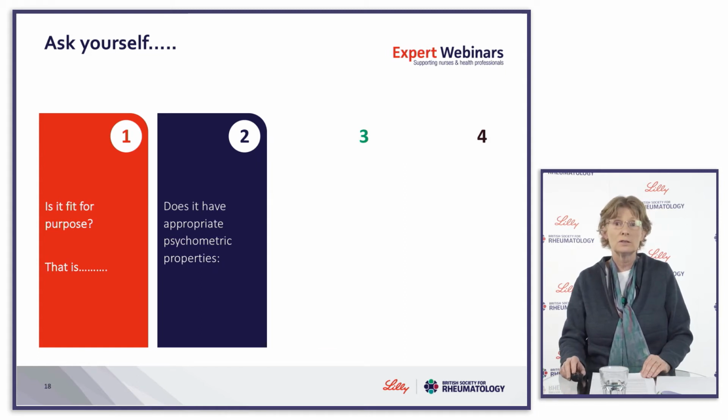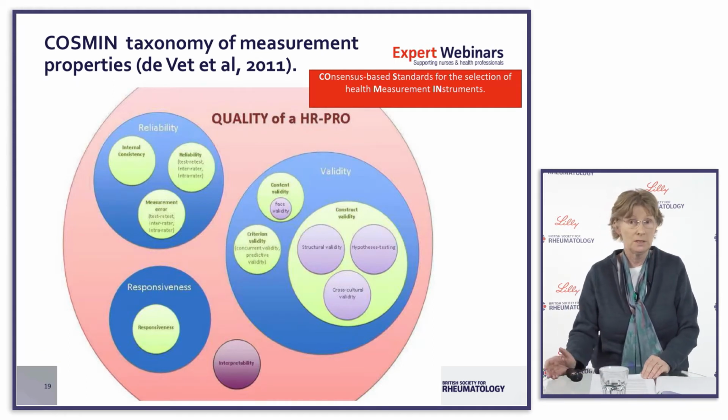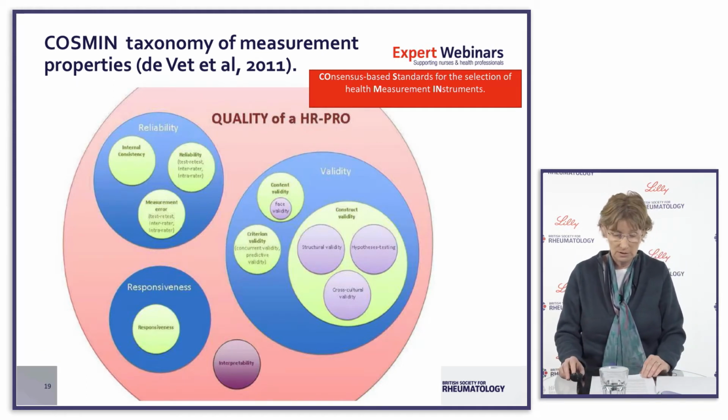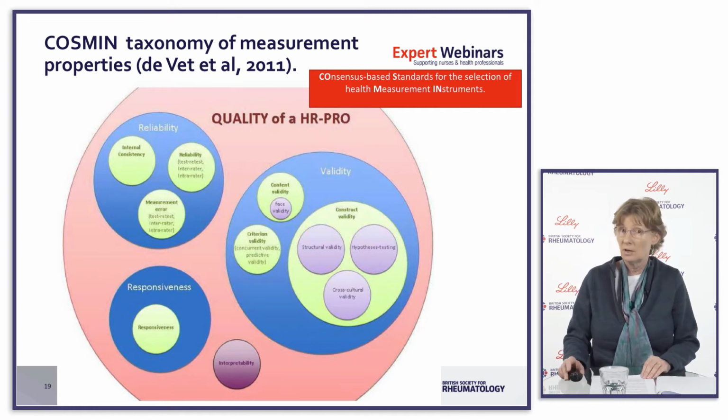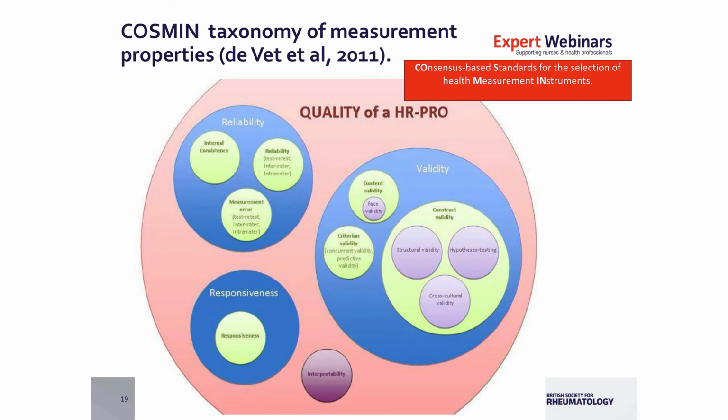So let's start with asking about psychometric properties. Let's say that you want to measure confidence and ability to self-manage, or self-efficacy, because it's a key aim for a patient education programme. You've identified 2 self-efficacy PROMs, but which one to use? Look at the reviews and the databases to find summaries of the properties, and then you can compare and contrast.